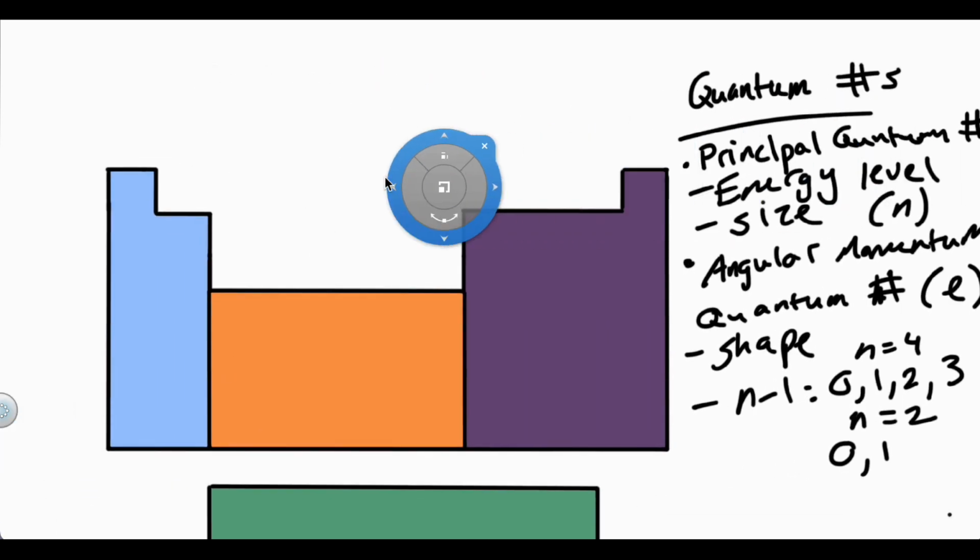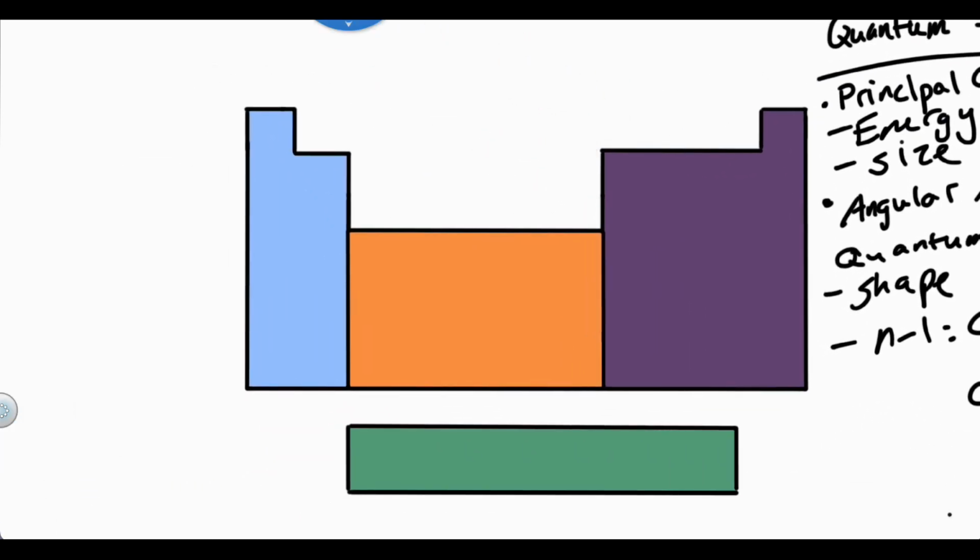Over here, I created this beautiful periodic table. So, for the S shell, this blue is the P, this is the D, and this is F. Let me write that.